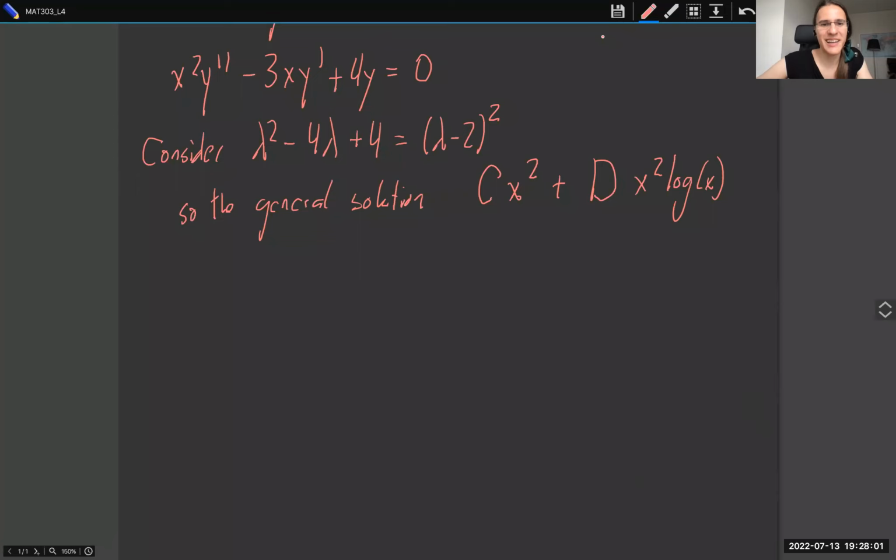Anyway, so colorless green ideas sleep furiously. Colorless green ideas, it has to be in that order.